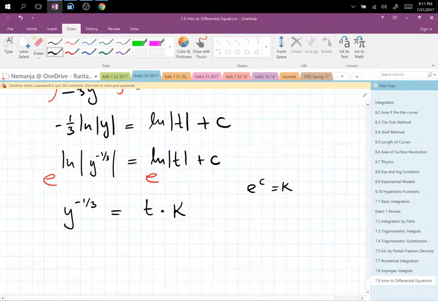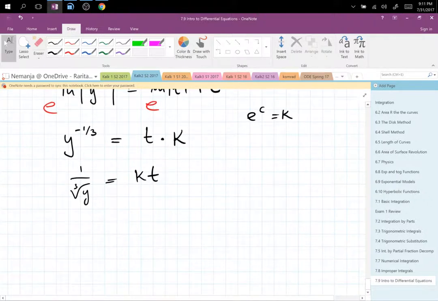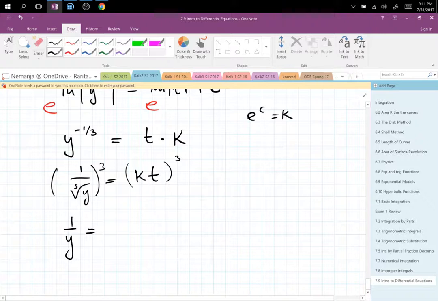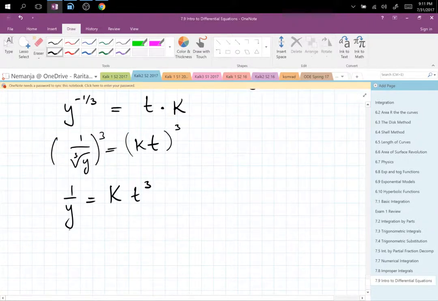And now what I'm going to do is I'm going to say this becomes 1 over cube root of y, kt on the other side. Cube both sides first to get rid of the cube root. Your goal is to get y alone. And then this k becomes, again, k t cubed. And now flip both sides as a fraction.